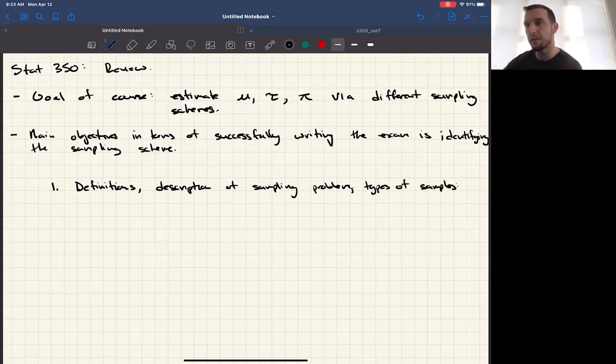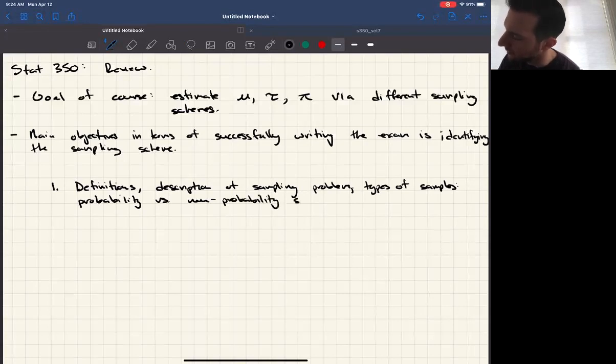and when I say types of samples in the early stage, I essentially mean the probability versus non-probability samples, right? So you might recall, for example, convenience samples, judgment samples. I think there was a couple of other ones.